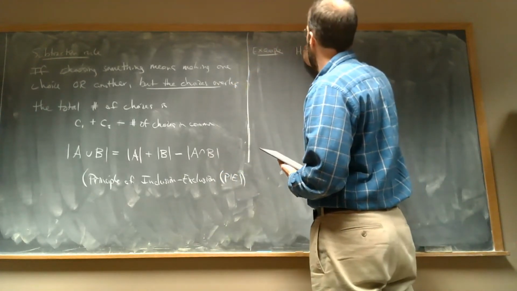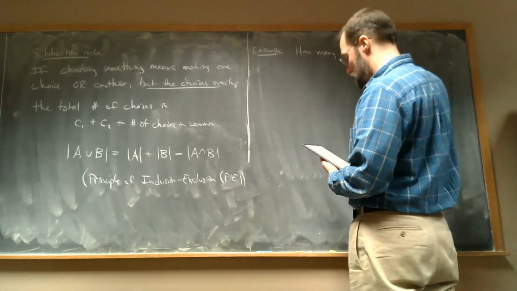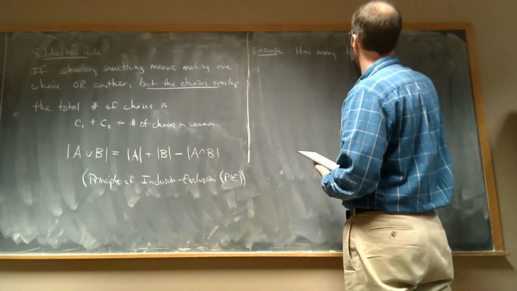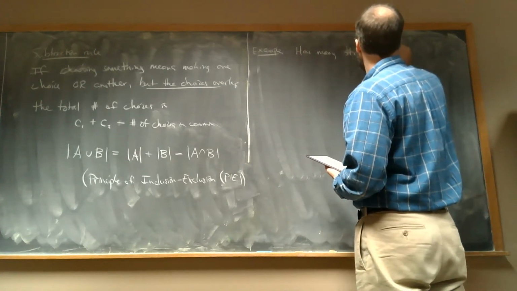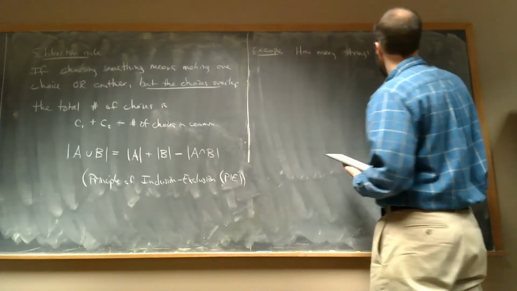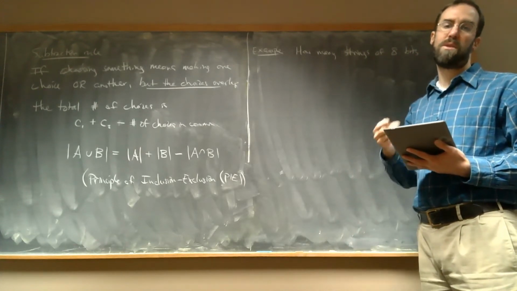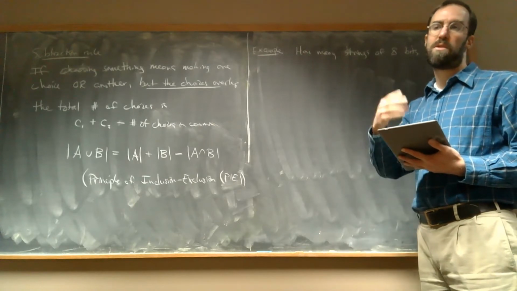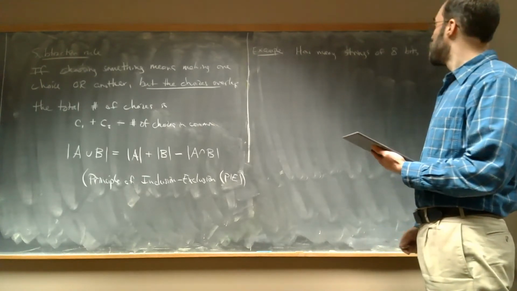How many strings of 8 bits? A bit is either 0 or 1, so I have 8 of them in a sequence. So 0, 0, 0, a bunch of zeros, or I could have 0, 1, 0, 1, 1, 0, 1. Any of those possible strings of 8 bits.